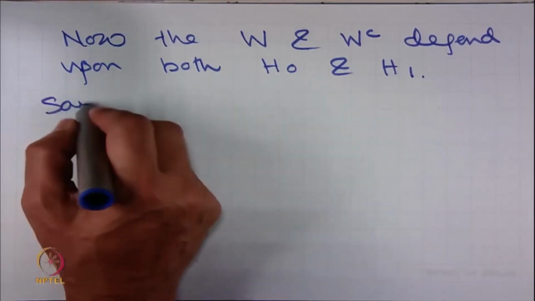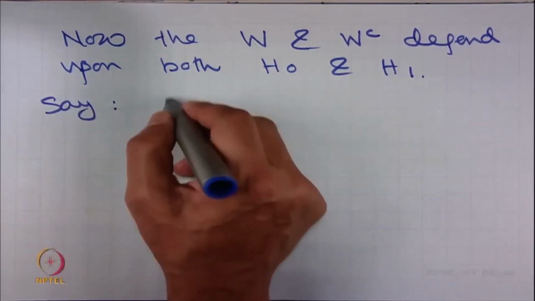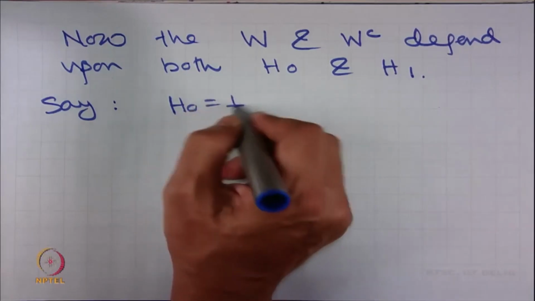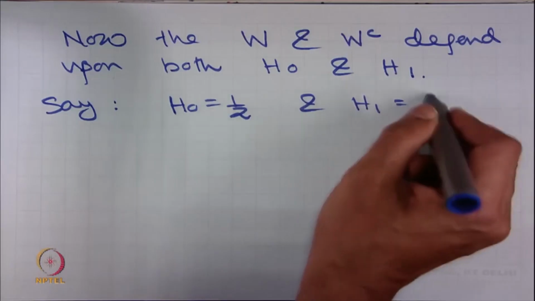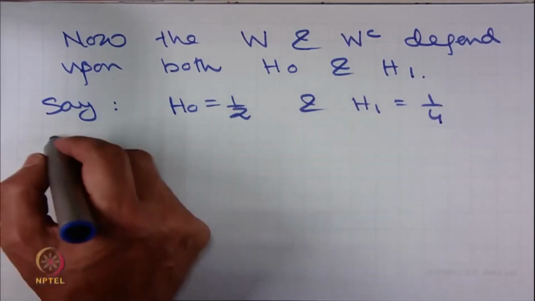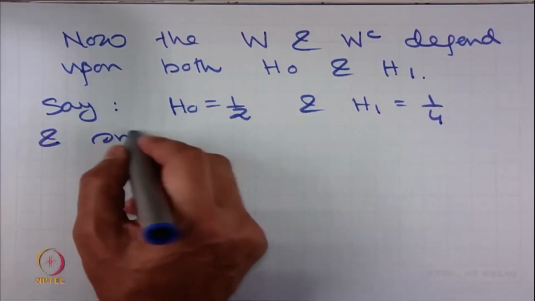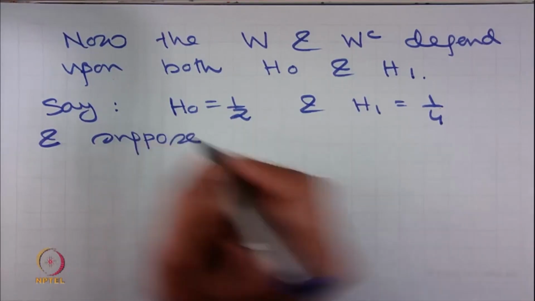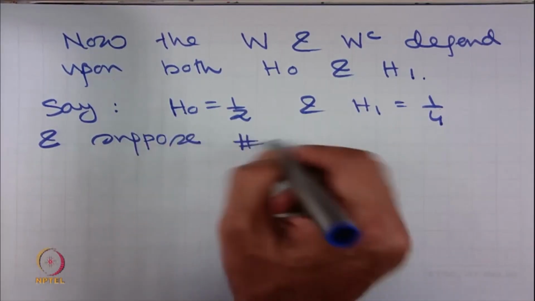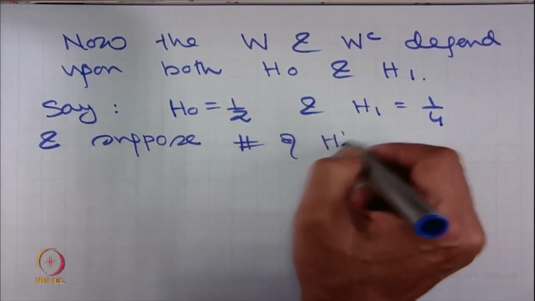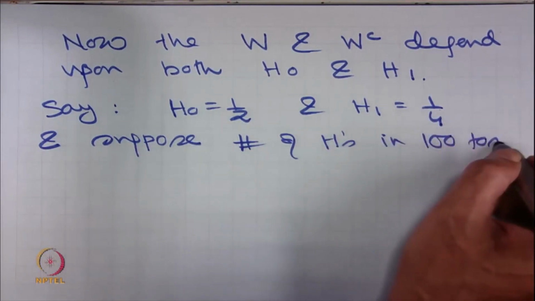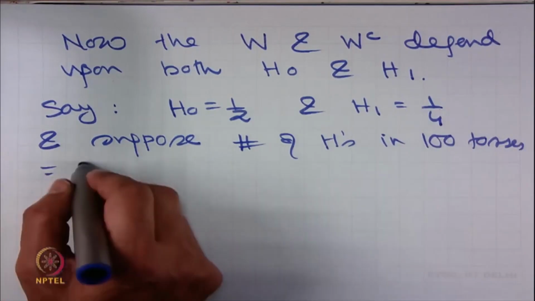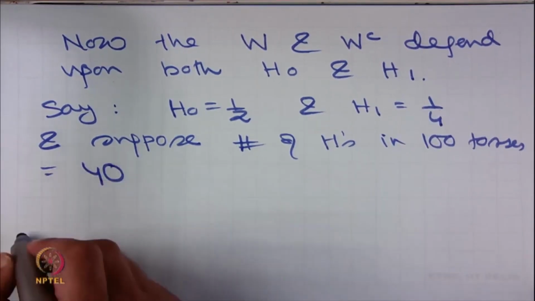Say H naught is half, as I have already mentioned, and H 1 is 1 by 4. And suppose the number of heads in 100 tosses is equal to 40.